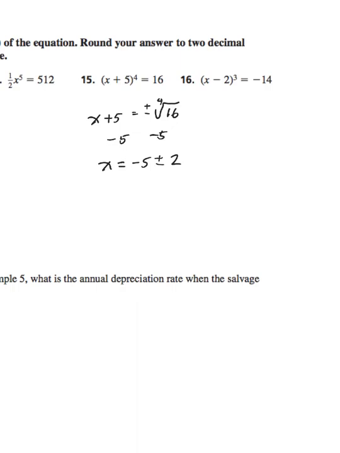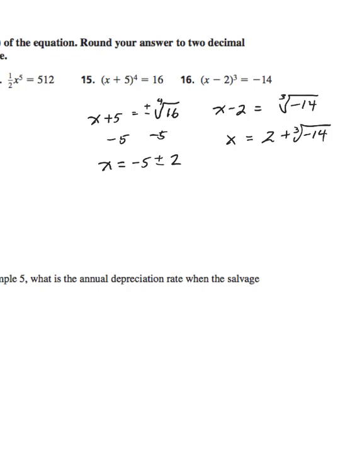How would I do this next one? It's a cube, so I'm going to take the 3rd root. If I take the 3rd root of the left, what do I get? You can't simplify it. It's just going to be plus, not plus or minus. Why?